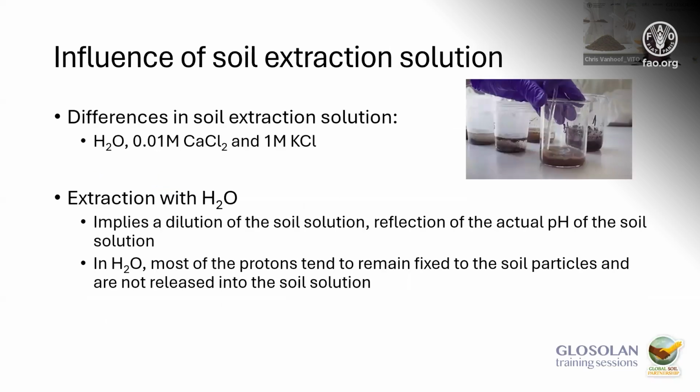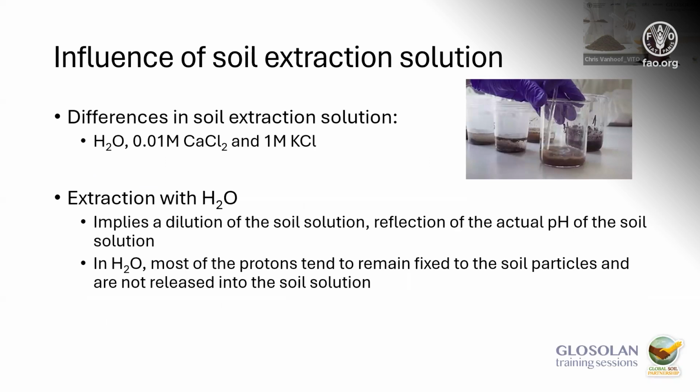We see that different extraction solutions are described, so what are the differences in pH results when you use another extraction solution? First of all, if you extract with water, this implies a dilution of the soil solution, and it's a reflection of the actual pH in the soil solution.